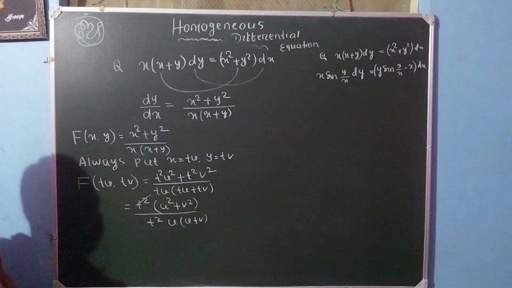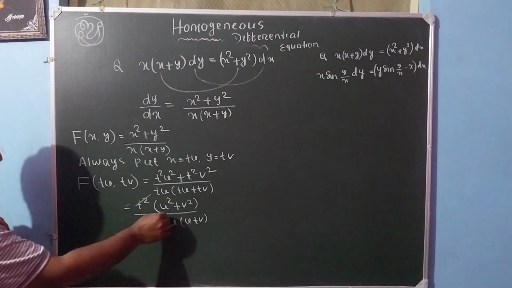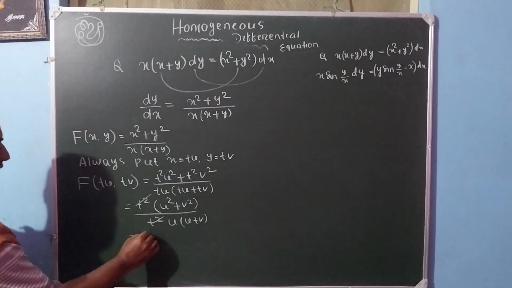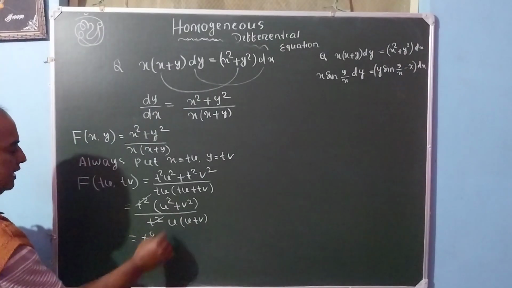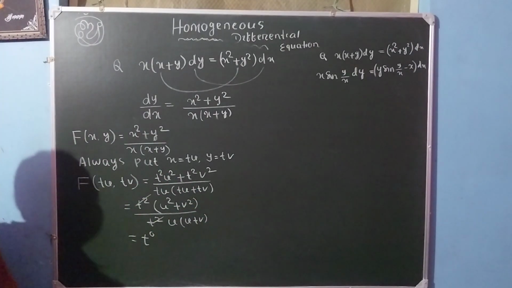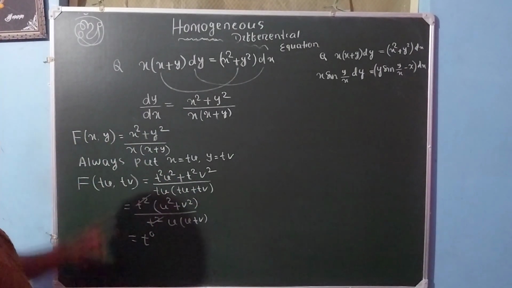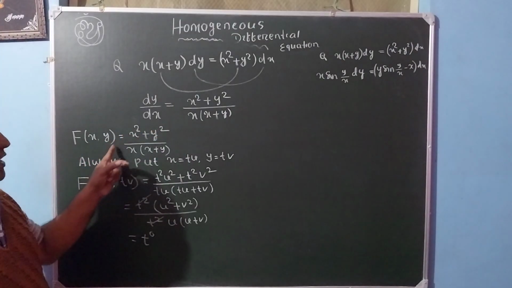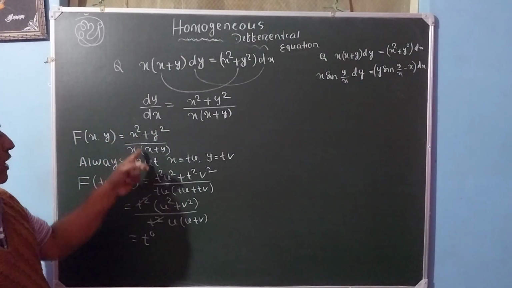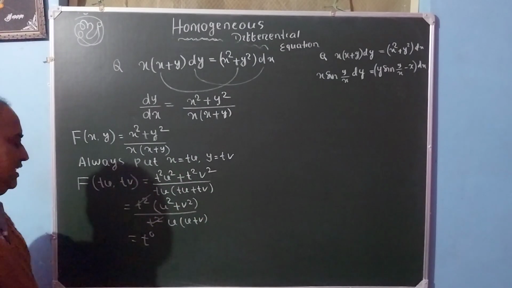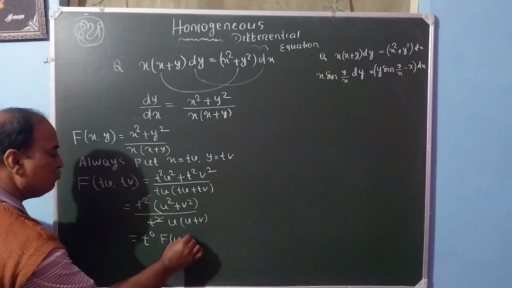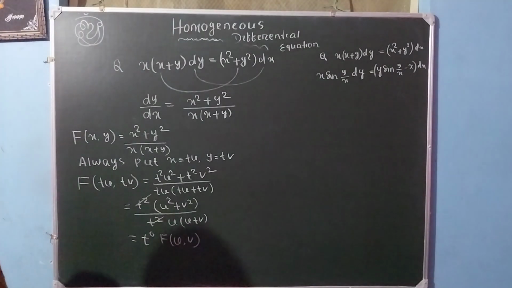The t square in numerator and denominator cancel each other. We get t to the power 0, which can be expressed as f(u,v), because f(x,y) is equal to (x square plus y square) divided by x into (x plus y). So this is written as f(u,v), so it is a homogeneous differential equation.